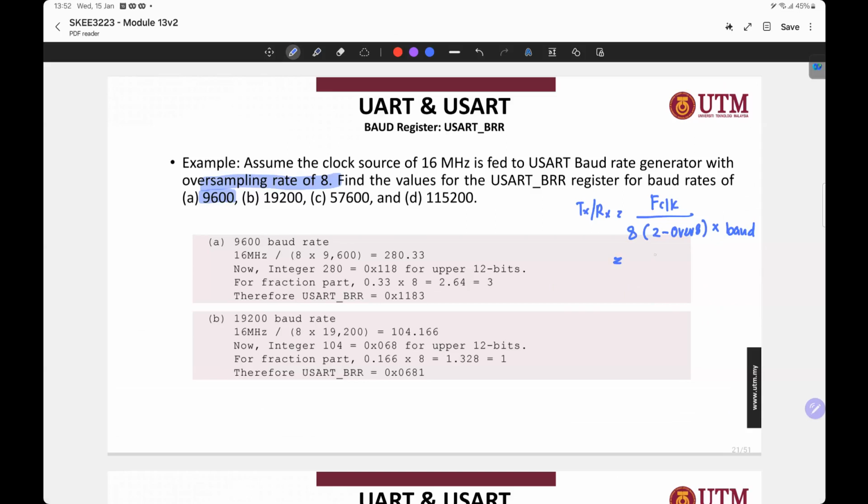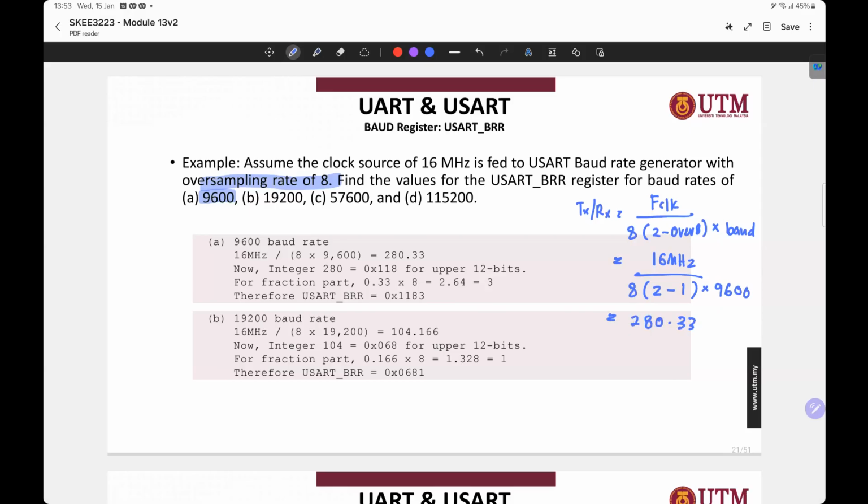Okay, the baud rates. Let's say now we're going to find out what is the value for 9,600. So the processor speed is at 60 megahertz divided by 8 times 2 minus over 8. What is the over 8 value? Since this one here we sample by 8, when you sample by 8, then the value of the over 8 is 1. And then multiply with 9,600, and you will get 28033.